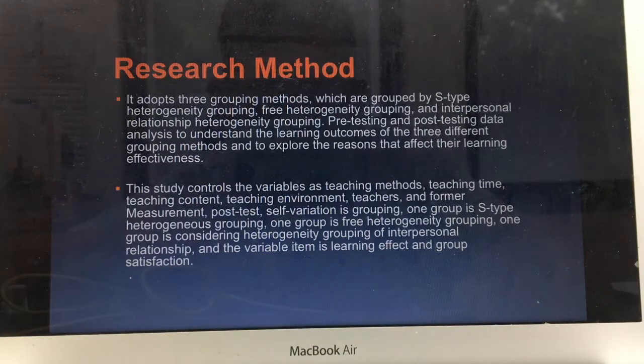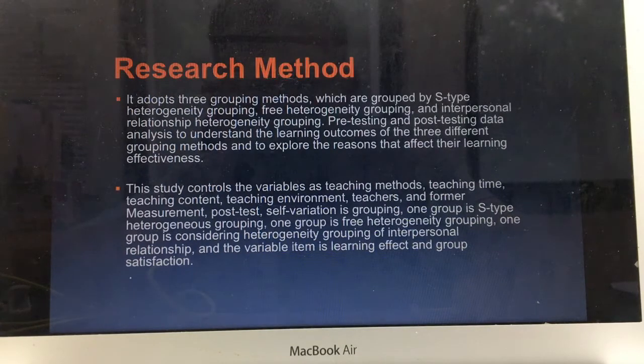For our method, we use three grouping methods: S-type grouping, free grouping, and internal interpersonal relationship grouping. We have pre-test and post-test data analysis to understand the learning outcomes of the three different grouping methods and to explore the reasons that affected their learning effectiveness.